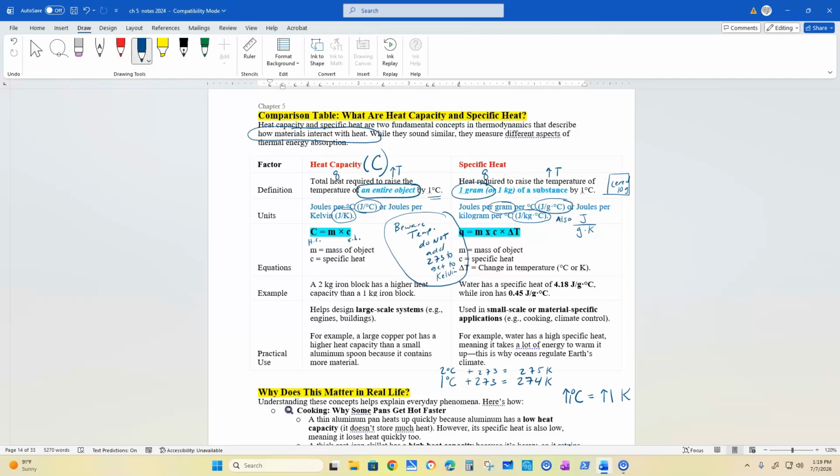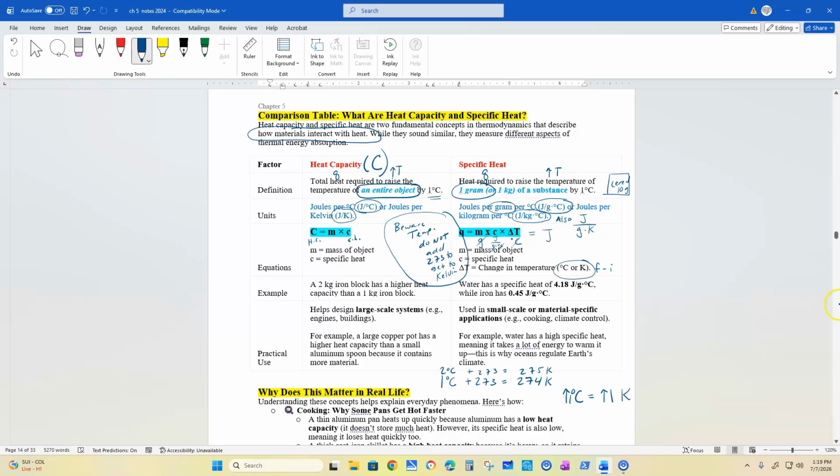Whereas for specific heat, to find heat, I'm looking at mass, which is grams, times specific heat, which we just said has to be joules per gram times Celsius, and then you have change in temperature. Remember, change in temperature is final minus initial, and you're still going to get degrees Celsius. Now remember I said you can use Kelvin too. The Celsius will cancel, my gram will cancel, and then I get joules in the end.